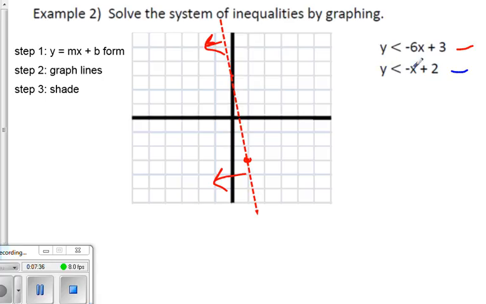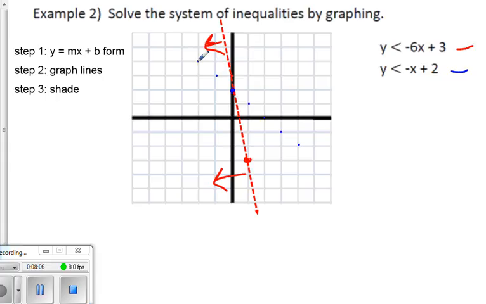Let's look at our blue one now. Y is less than negative x plus 2. Well, again, it's already in mx plus b form. I've got this plus 2, so I just go up 1, 2. This is going to be my point. I have negative x, which is like a negative 1x, so I'm going down 1 to the right one, down 1 to the right one. Both of these have a negative slope, so looking left to right, they're both going downwards.